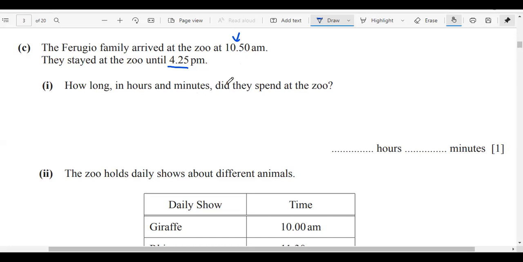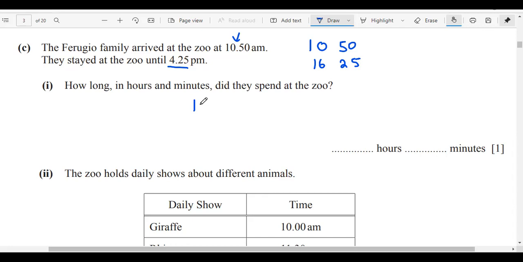So you can convert this to the 24-hour clock. 10:50 would be, okay, I already got an answer. Very good, Saneem. Excellent. The answer is correct. So it would be 10:50. And what would be 4:25? It would be 16:25. Okay. And now you can just find the difference and that would give you the correct answer.